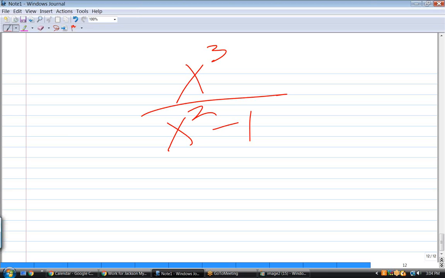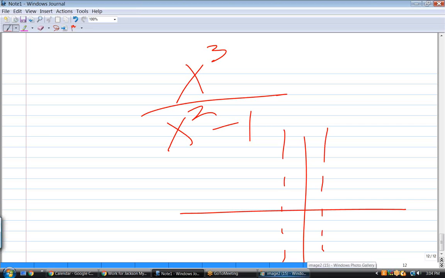You have to first divide the bottom into the top, and you will come up with a linear function, which is the equation of the oblique asymptote. In other words, when you have a function like that, you have a horizontal asymptote at plus and minus 1, and you have an oblique asymptote, which is some linear equation that looks maybe something like that.